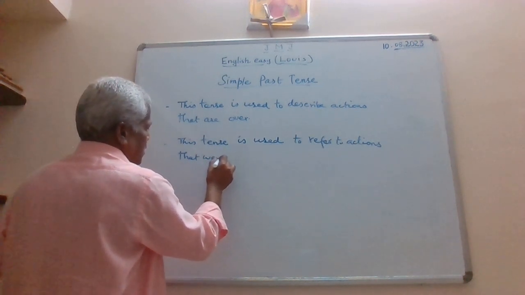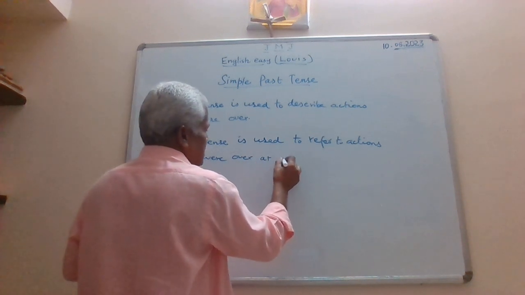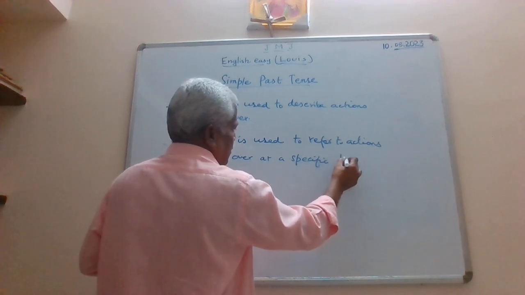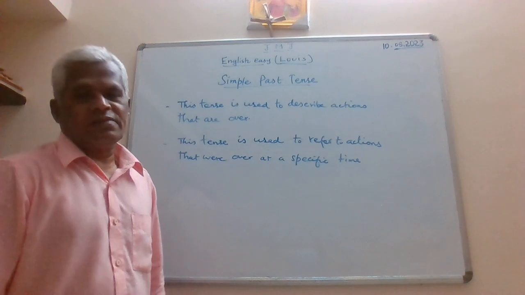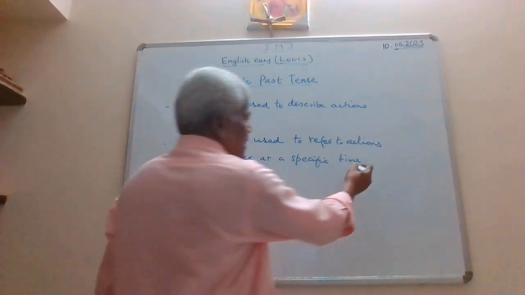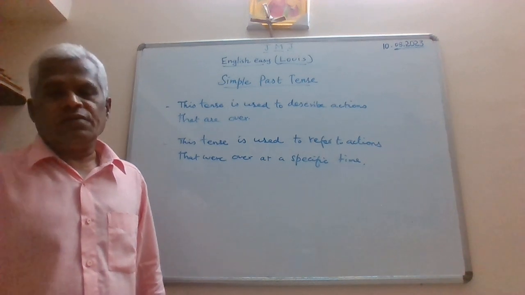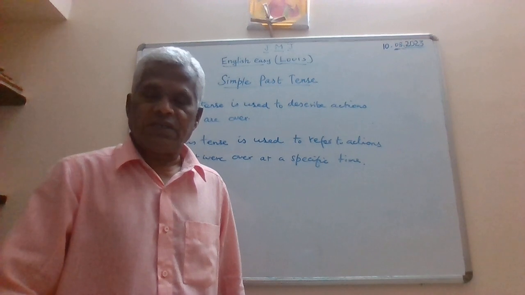That were over or completed at a specific time. Okay? At a specific time. So this is the second rule that we can arrive at when we talk about simple past tense.